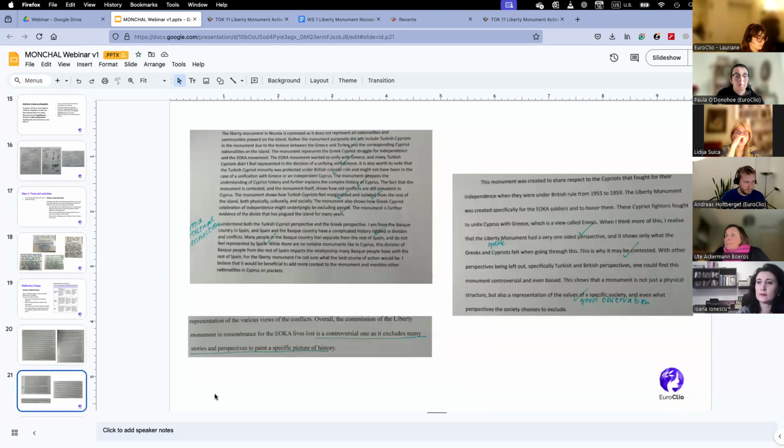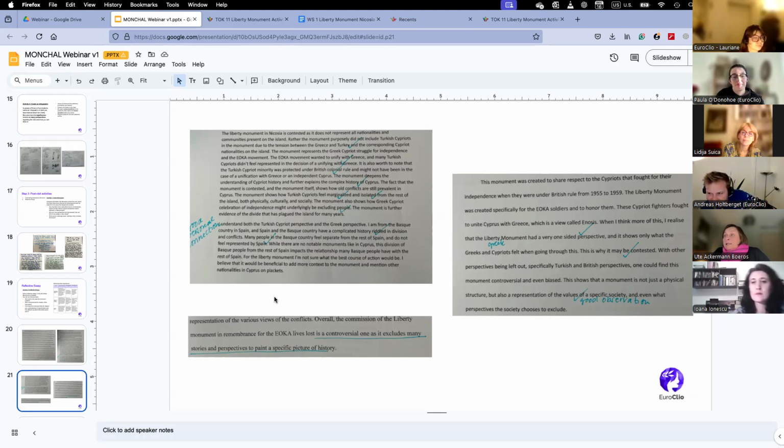So that was the more personal connection one student made, who wrote, I understand both the Turkish Cypriot perspective and the Greek Cypriot perspective. I am from the Basque country in Spain, and Spain and the Basque country have a complicated history, riddled in division and conflicts.